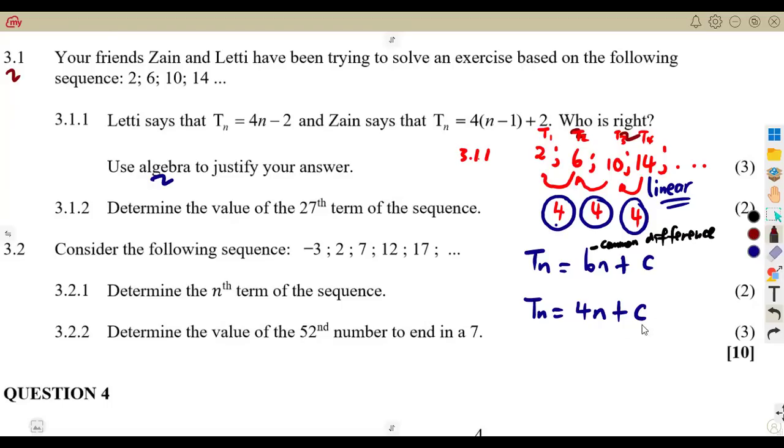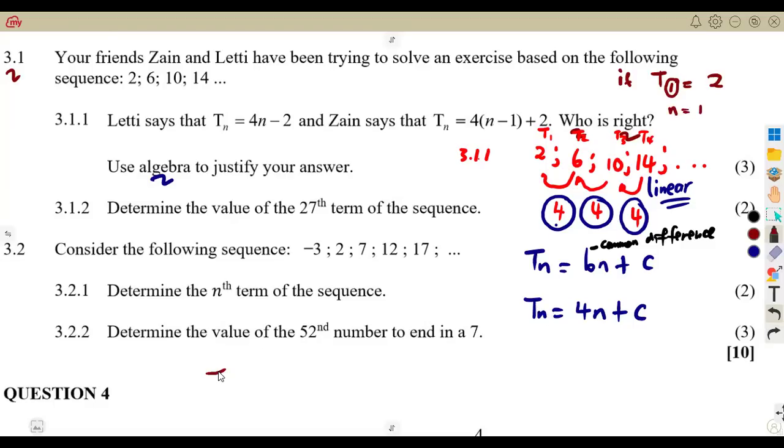To find c, you can use any part, like T1 is 2, T2 is 6. If T1 is equal to 2, what does it mean? Remember, this is Tn, so what is representing n? n is represented by 1. So n is equal to 1.